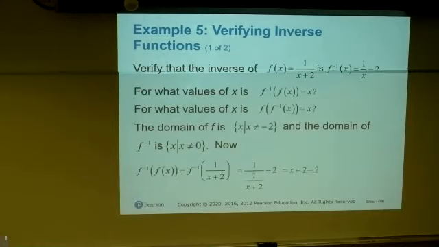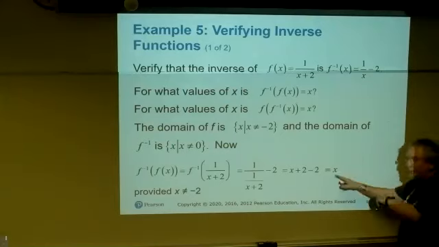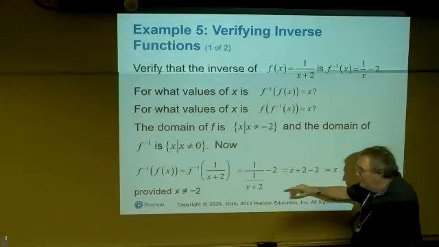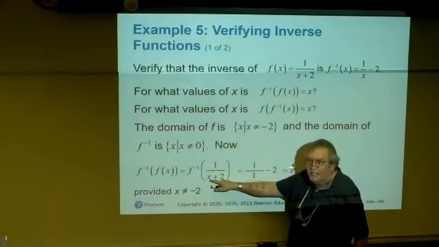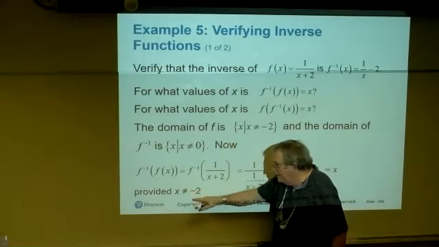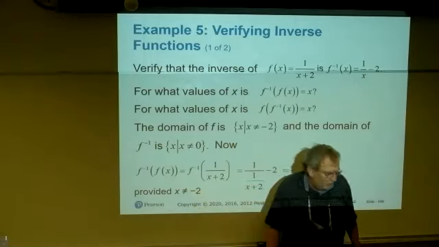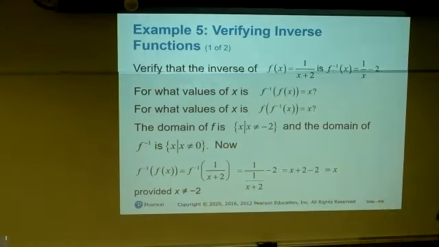So we have x plus 2 minus 2, which is x, because 2 minus 2 is 0, and that just leaves us the x, provided x does not equal -2. Now, obviously, I can put -2 in for x, but because I can't put -2 in for x here, for F of x, I can't use it, because of how the function is set up.